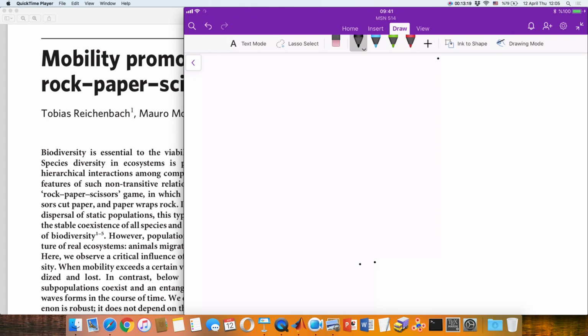This kind of thing is called cyclic dominance. So we always think of some hierarchy in the ecological systems, like A eats B, which eats C, right?